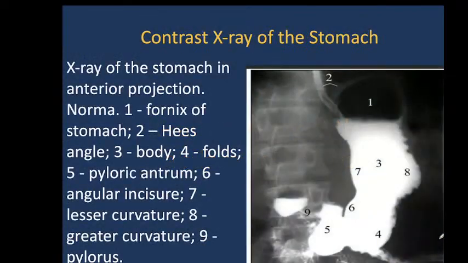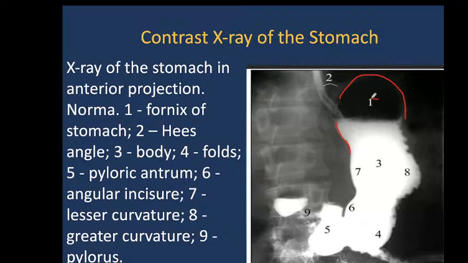Abdominal organs. Of course, the most interesting is the stomach, because a lot of problems people have with that organ, like cancer of the stomach, like ulcer of the stomach, and gastritis. It is filled with barium sulfate, and we distinguish different parts of the stomach.